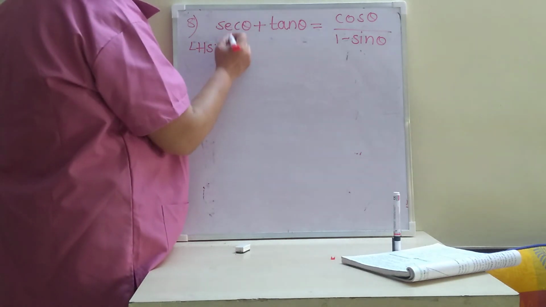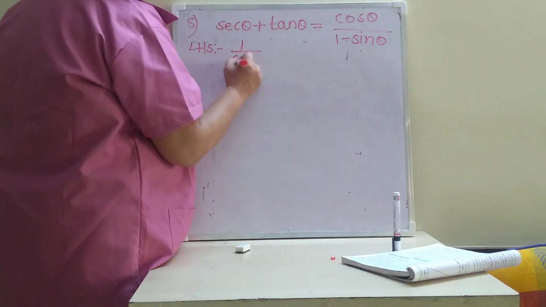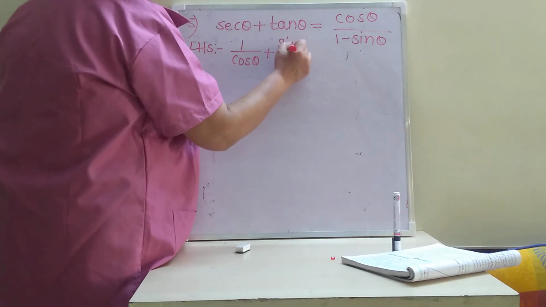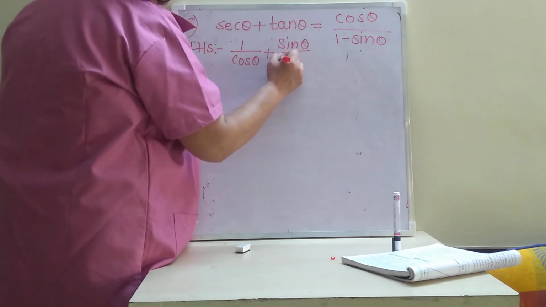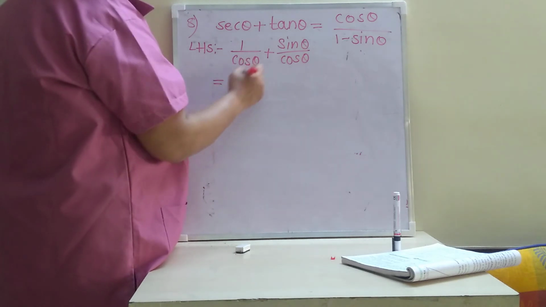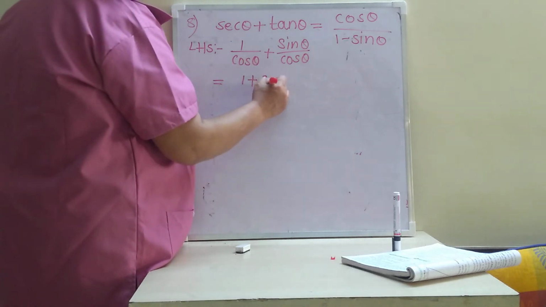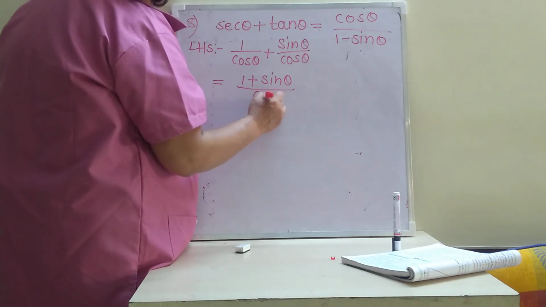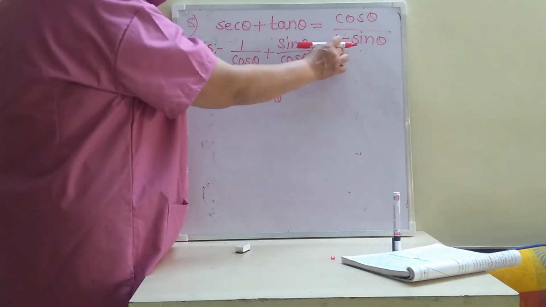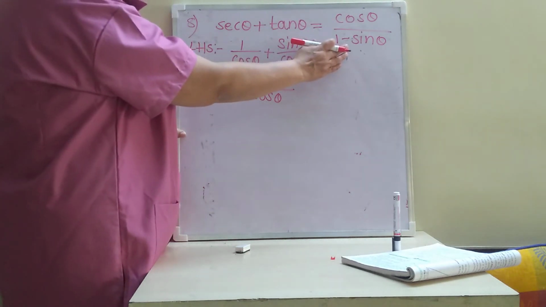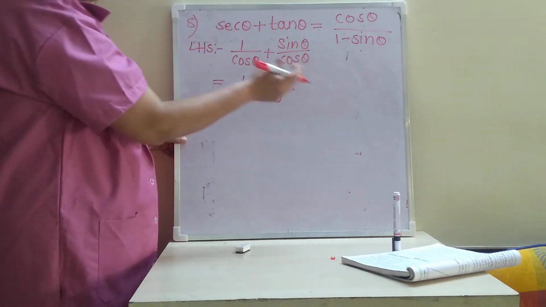What I am going to get, instead of sec theta, I can write 1 upon cos theta plus sin theta upon cos theta. What did I get now here? 1 plus sin theta in the numerator, and in the denominator I am going to get cos theta. Actually, if you see the right hand side, it is exactly reciprocal, if I want that minus sign, but it is in the denominator.